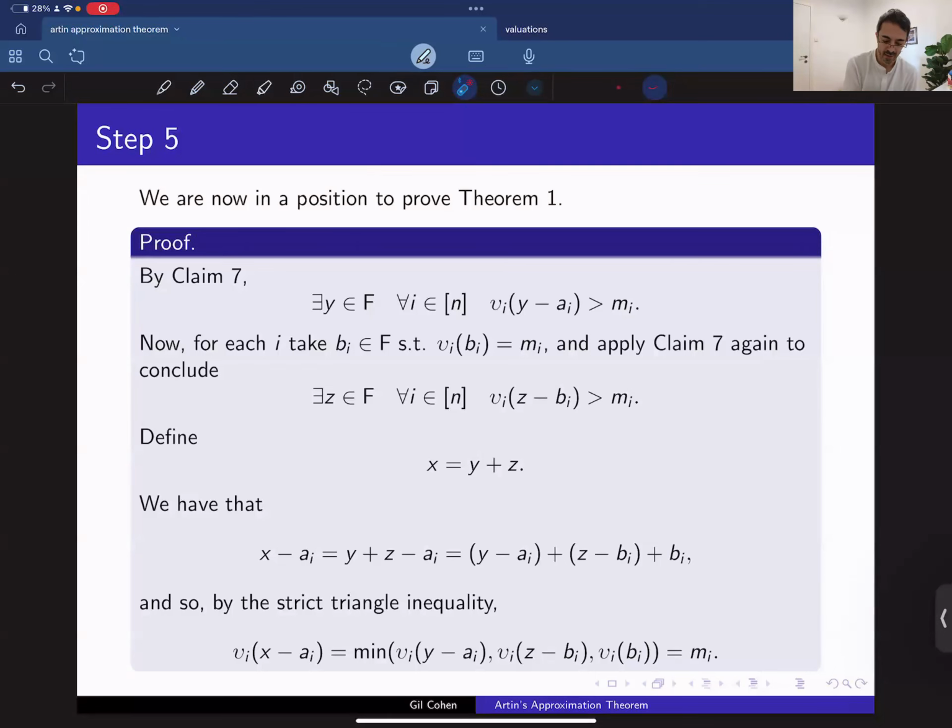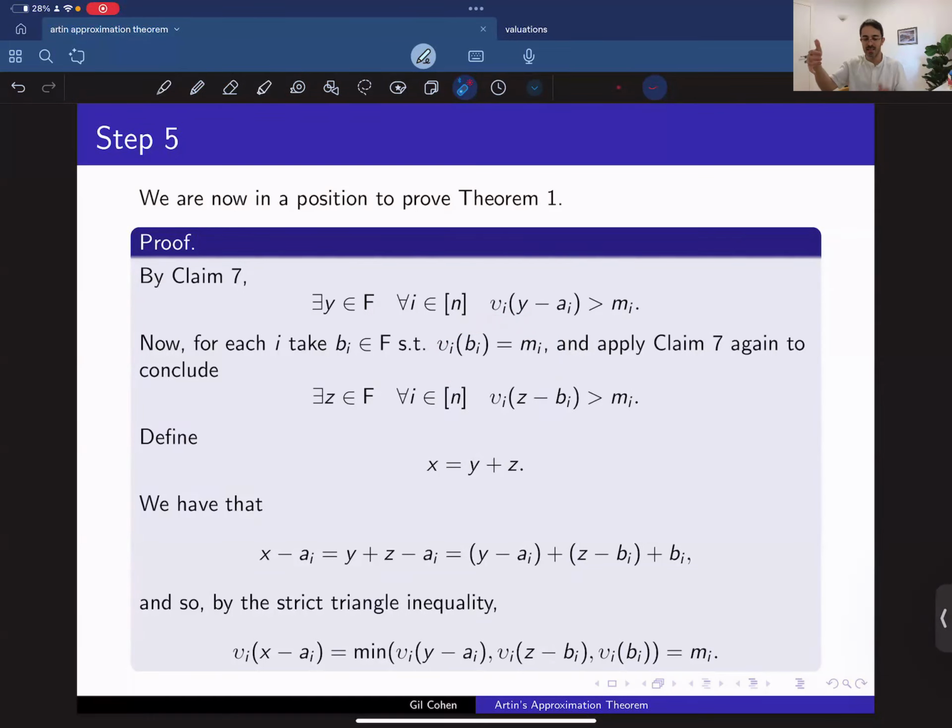Again, in this line, what we did was to find one function that is very close, closer than you may have wanted, to the ais. And for every such i, you kind of want a function bi that's exactly close to it, with the exact prescribed mi.